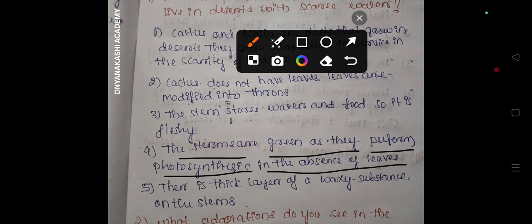Using the stem only. The stems are green and fleshy because they store water and food. Using the stem, desert plants do photosynthesis also.